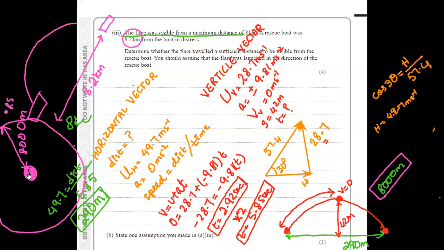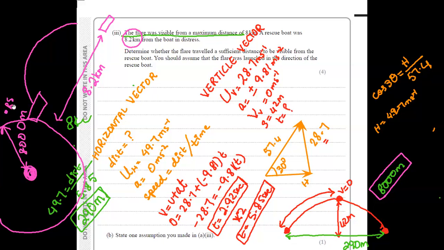So we know that the flare will travel a horizontal distance of 290 meters. They have said that the flare is visible from a maximum distance of 8 kilometers, right? So let's see.